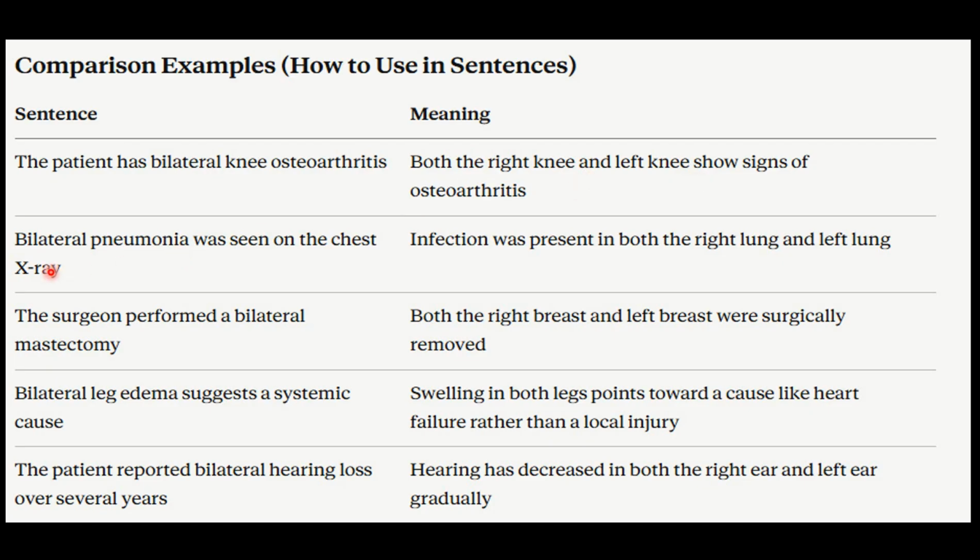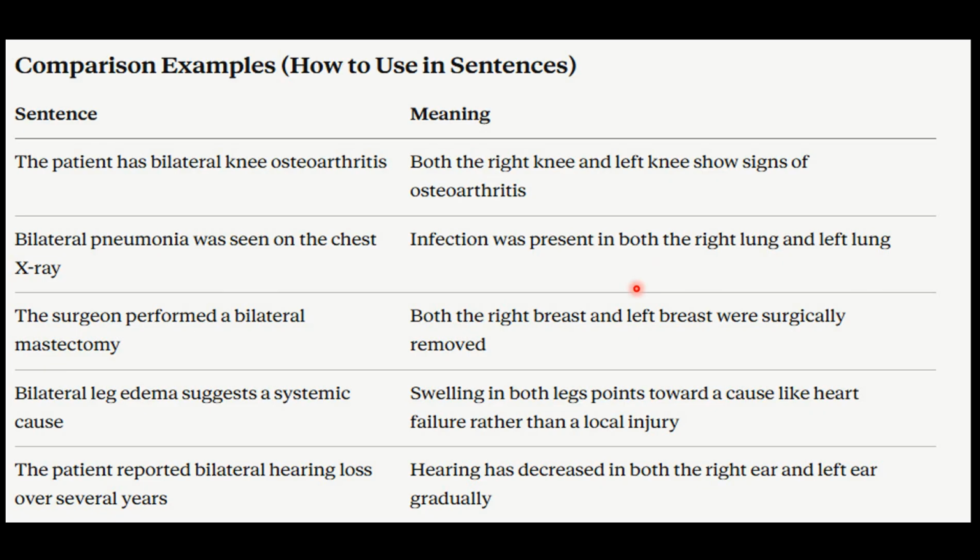The next is bilateral pneumonia was seen on the chest x-ray. If a patient suffering from bilateral pneumonia was x-rayed, we can say the report found infection present in both the right lung as well as the left lung.